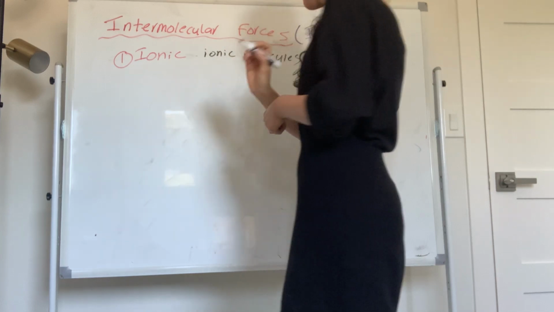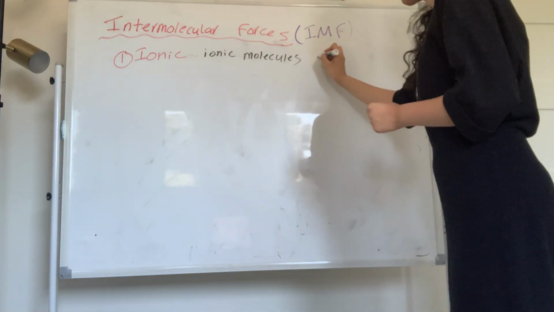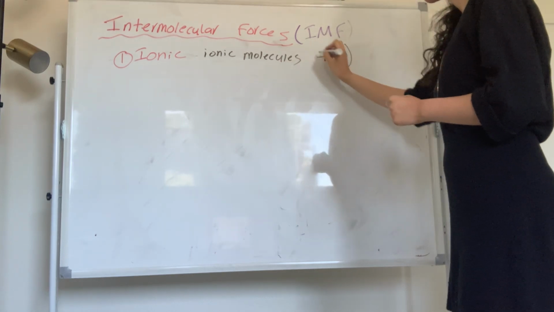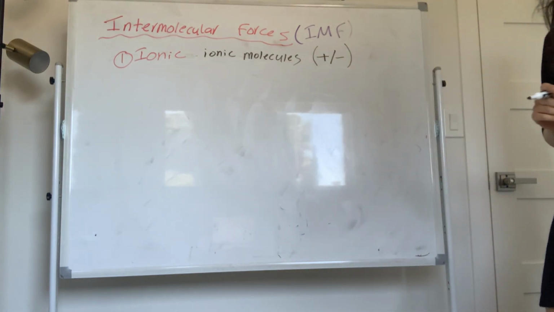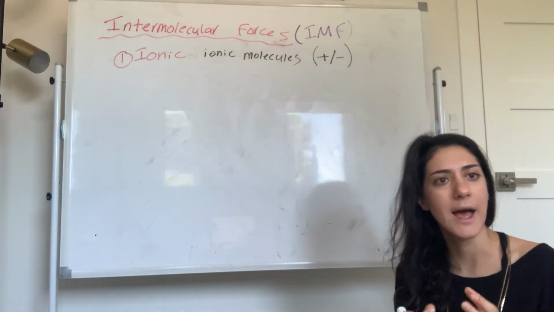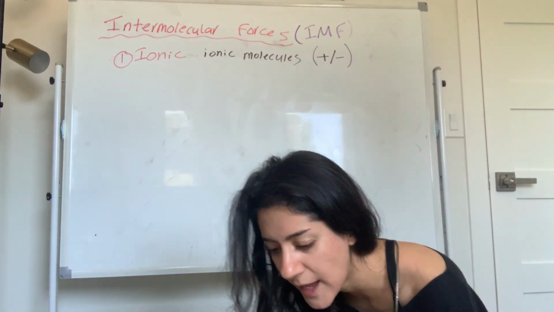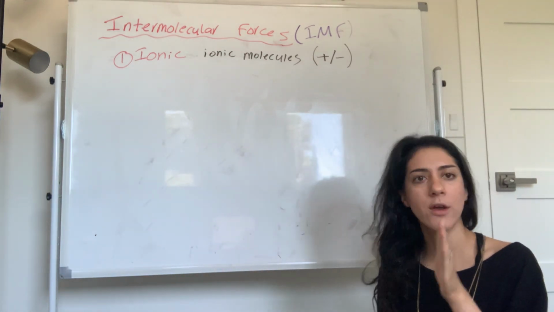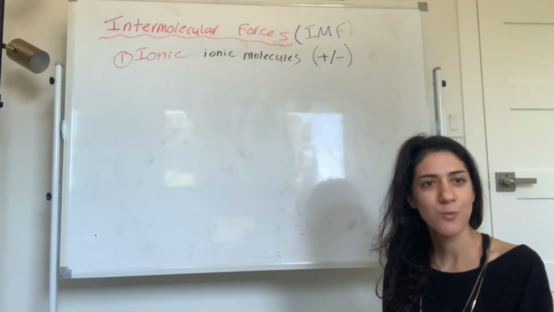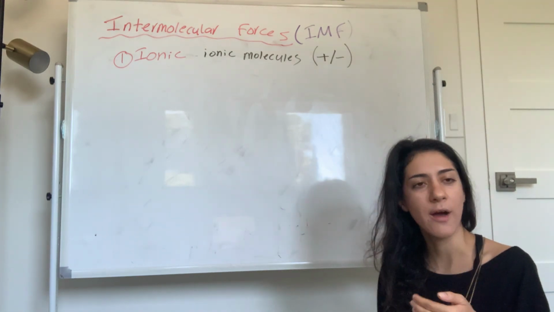If you remember, an ionic molecule is an attraction of plus minus charges, an attraction of charged atoms. So every time you have an ionic compound, what's going to hold all those together is ionic IMF.